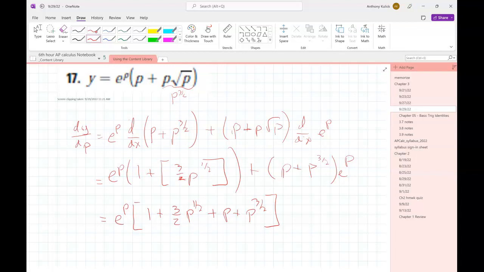But if it's just differentiate this, doesn't matter how ugly it is, it's fine. It's just done when the calculus is done. So even back here, I think that expression would even be okay. On the AP exam, yeah, that would be fine.